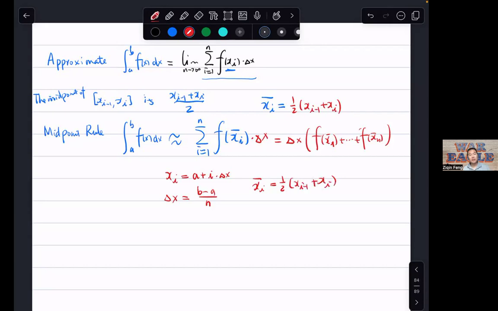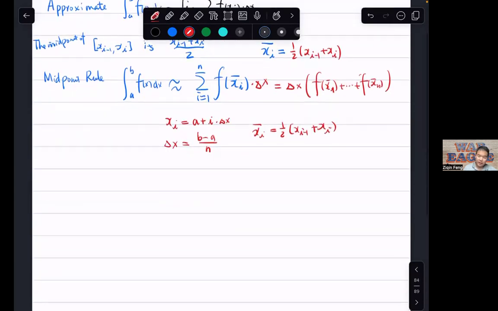So this is a good way to approximate a definite integral. If you have no idea how to evaluate an integral, this is a good way to do that. Let's see an example.